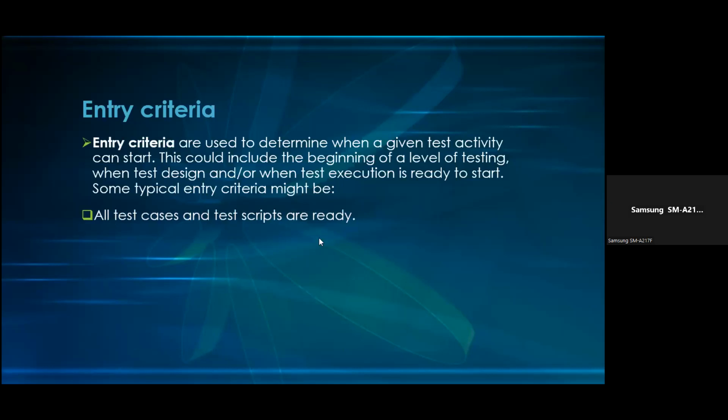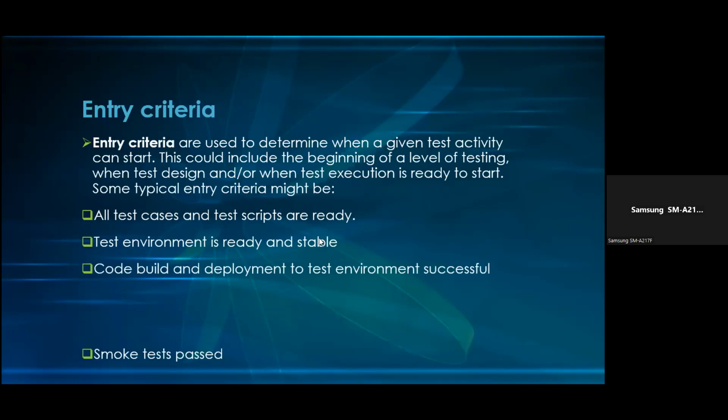You can see even the textbook uses it interchangeably, test cases. So you writing your test cases there is already a big script. So it is ready. The test environment is ready and stable. What test environment are we going to use? Do we have it? How is it? Verify that.